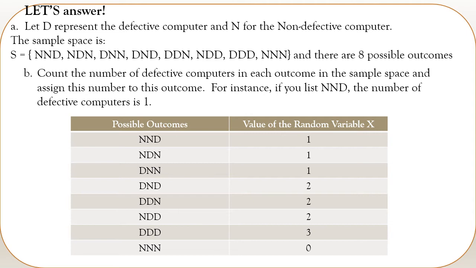N and D, D and D, D and N, hanggang sa N and N. So, kung bibilangin natin yung ating defective computer, na kung saan yun yung value ng random variable X natin, so sa una, N and D, ibig sabihin merong isa na defective computer. Sa pangalawa, meron ding isa. Sa pangatlo, meron ding isa. At kung mapapansin natin sa huli, DDD, merong tatlong defective computers. At sa dulo, NNN, ibig sabihin wala tayong nakuhang defective computer. So, ito ay 0.